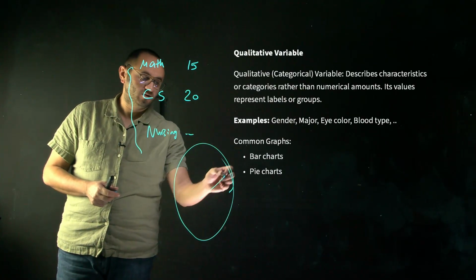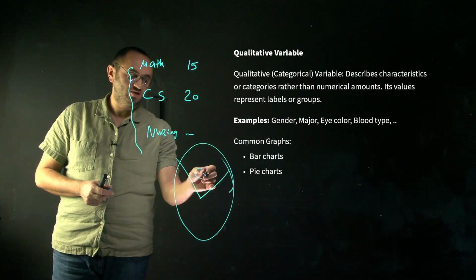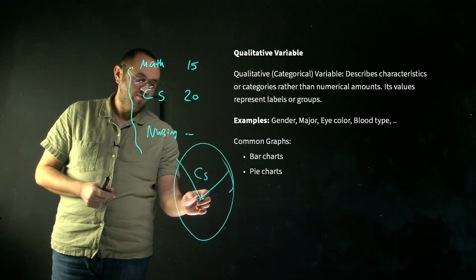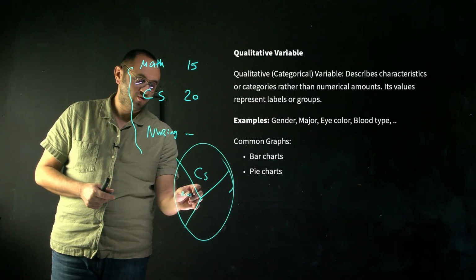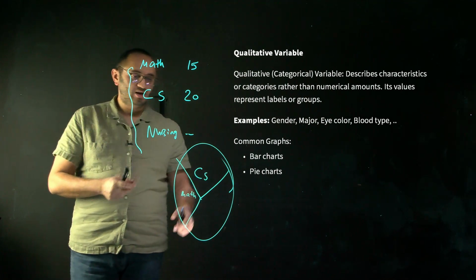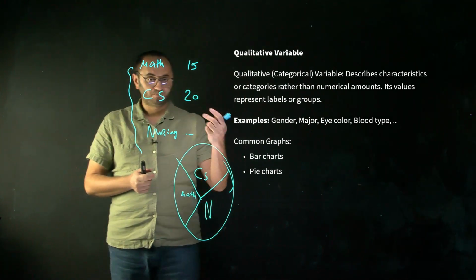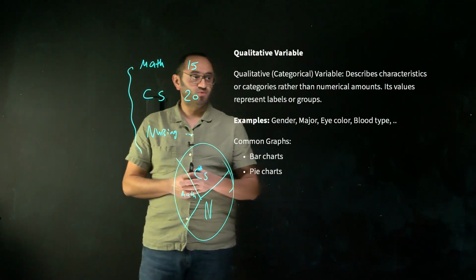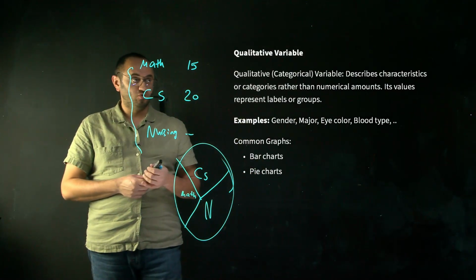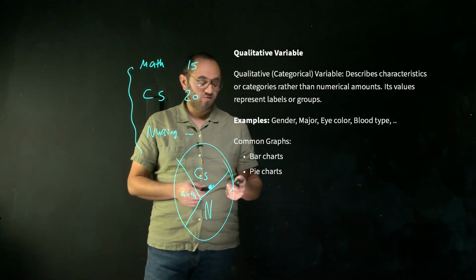For example, we have computer science here, we have, let's say, math students here, so less math and more nursing, for example. So this is an example of a qualitative or a categorical variable.